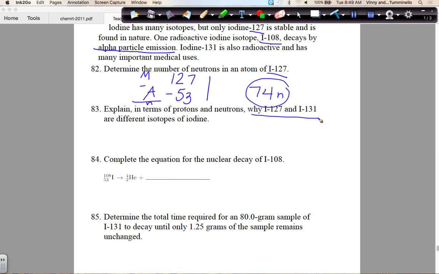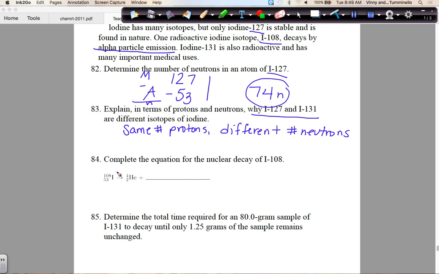Explain why I-127 and I-131 are different isotopes of iodine in terms of protons and neutrons. Remember, isotopes have the same number of protons, but they have different numbers of neutrons. That's for all isotopes.